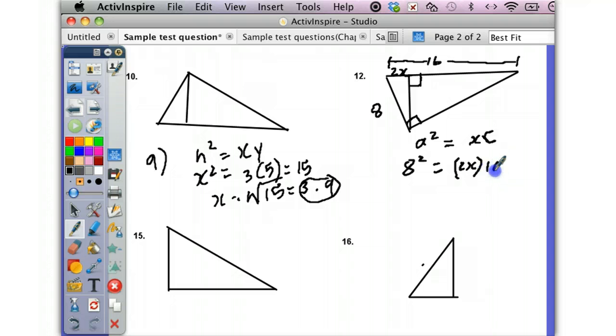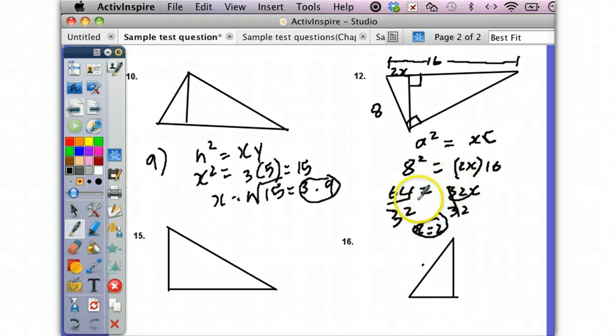It's going to be easy now because 8 squared, David, is what? 64. And 2x times 16 gives me 32x. Divide both sides by 32 and you get what? 64 divided by 32 is 2. Alright? So that's a practice of these.